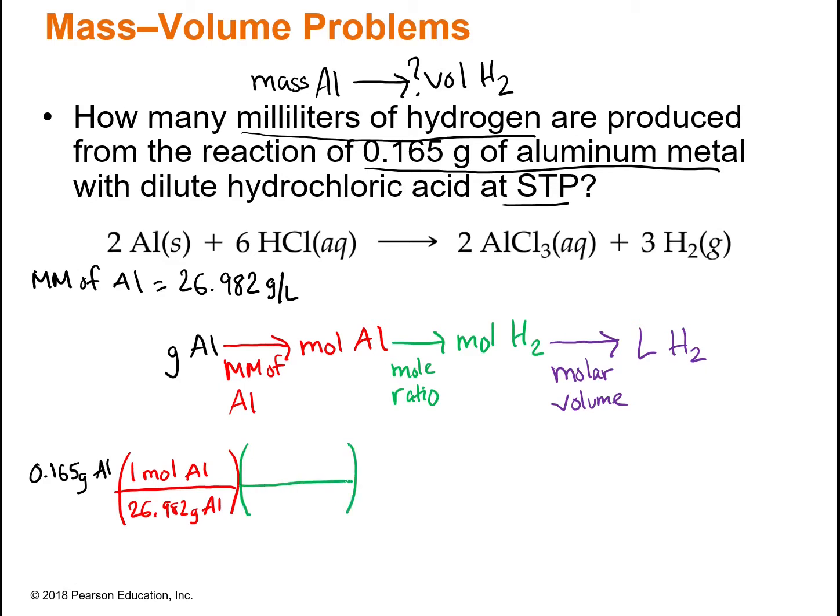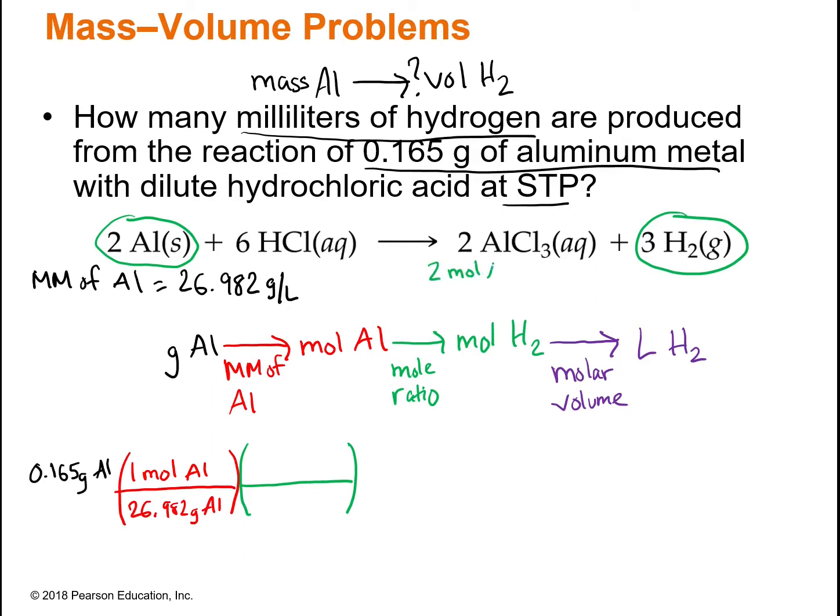Next comes our mole ratio. So let's write those up at the top. We're dealing with aluminum and hydrogen gas. Notice how I'm ignoring everything else in the equation, like it doesn't even exist. We need to have a mole ratio that only talks about aluminum and hydrogen gas. So you write the numbers that you see for those.